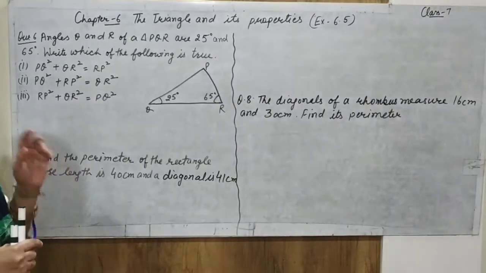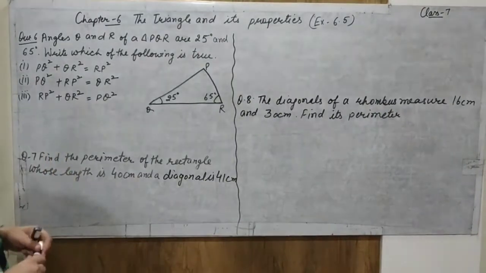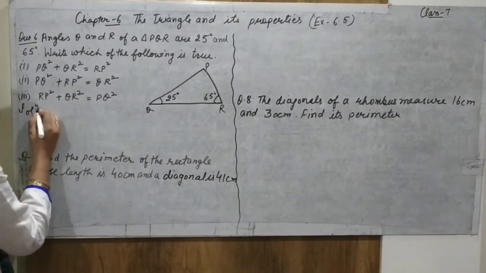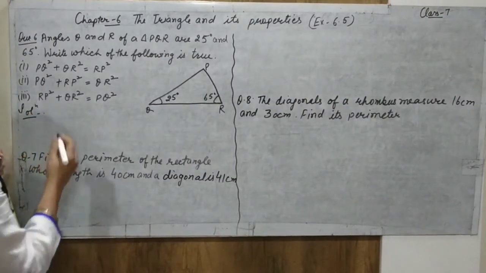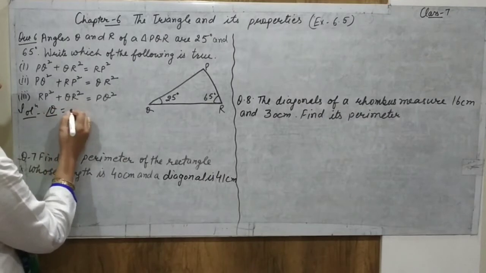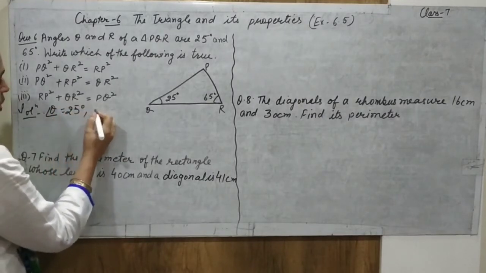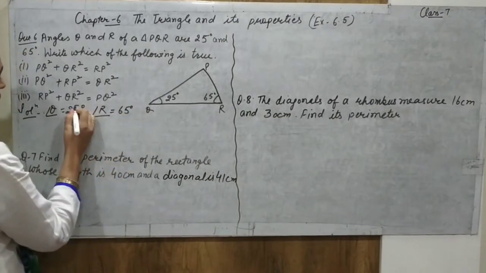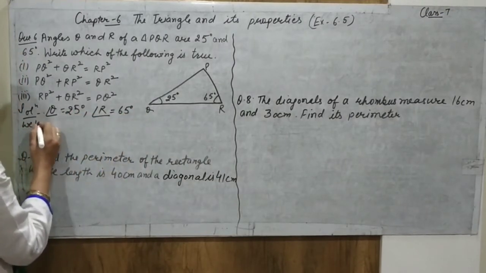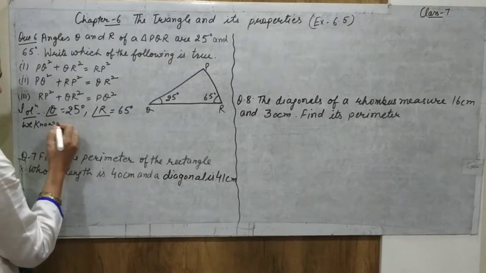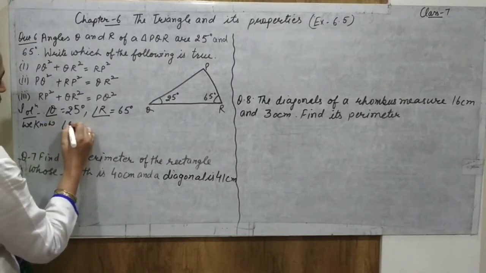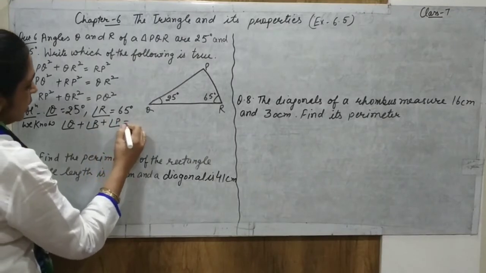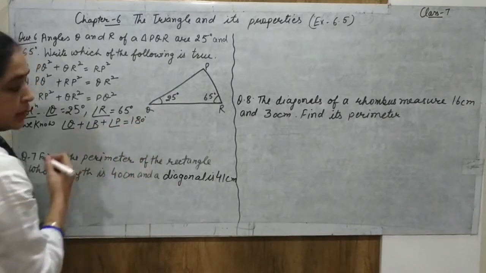Step by step. First, the solution you have to write like this: as given, angle Q is equal to 25 degree, angle R is equal to 65 degree. Now, we know that angle Q plus angle R plus angle P is equal to 180 degree.